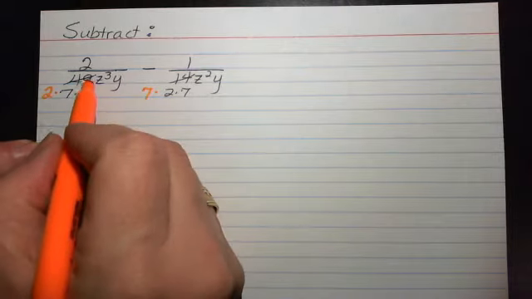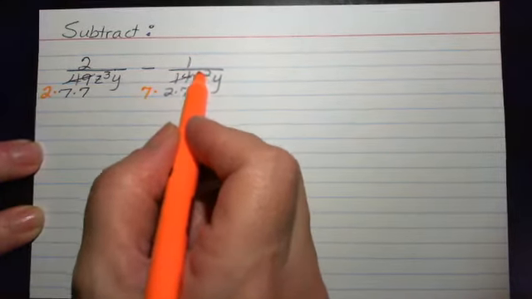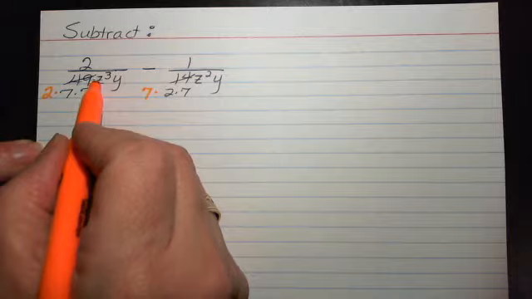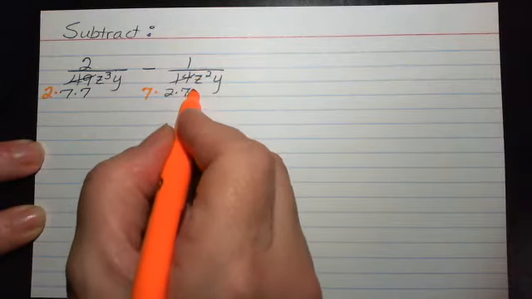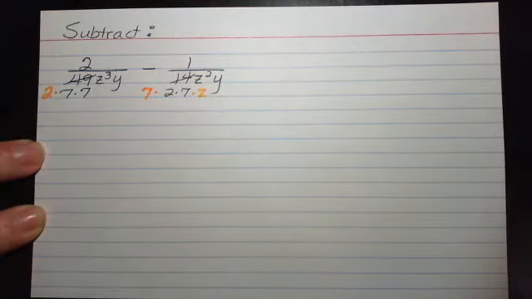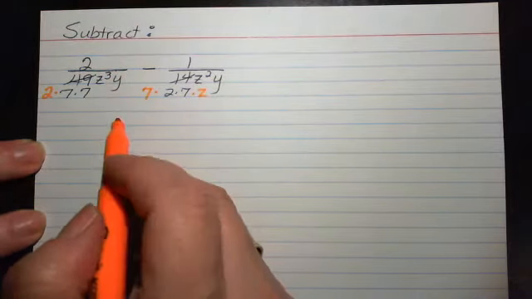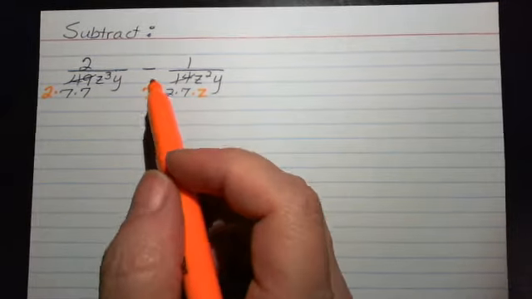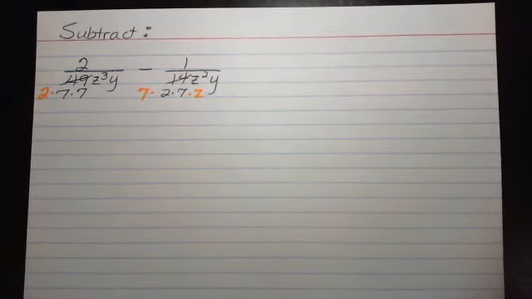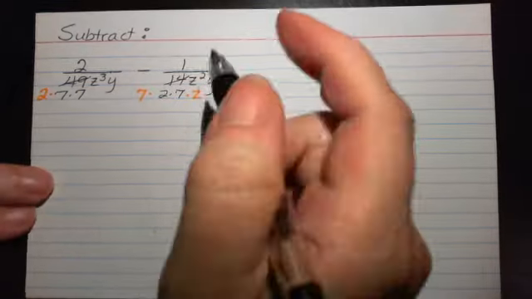And now let's look at the variables. Z cubed and z. This has one more factor of z than this does, so this needs to be multiplied by z. And then I believe the y's match, don't they? Okay, so that means that our common denominator, all of that put together, let's see what it looks like.